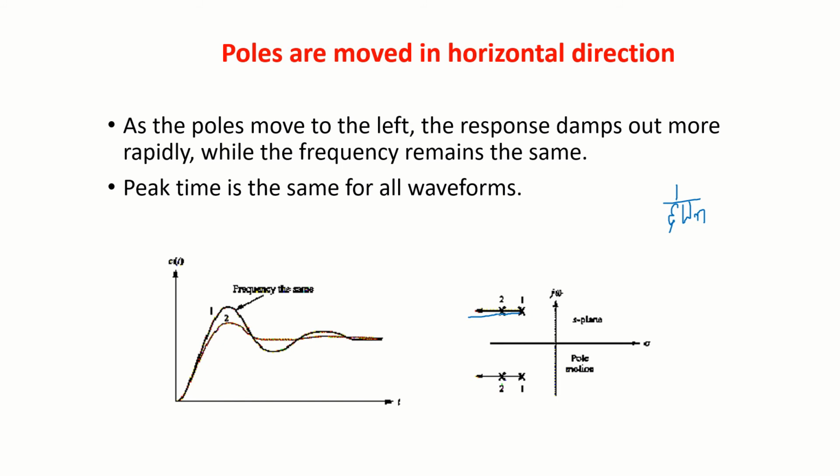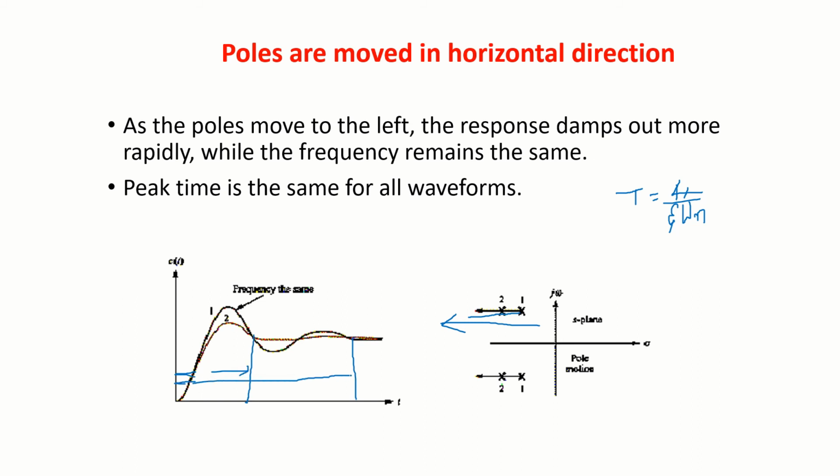So zeta omega n increases, time constant should decrease. So settling time should decrease. That's what's happening. As you move like this, settling time should decrease. Here the settling time is so much. Here the settling time is so much.